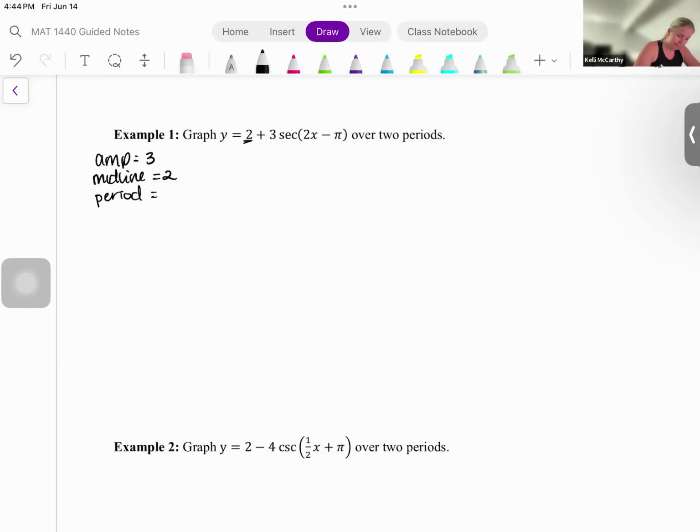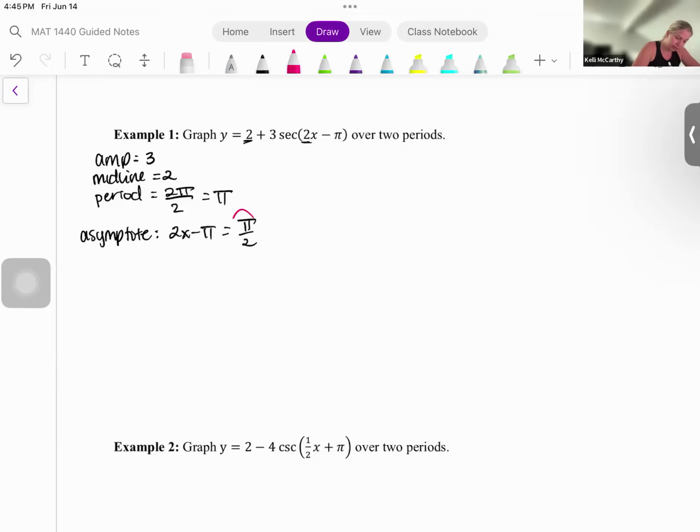The period is going to be 2 pi divided by b, which is 2 here. So our period for this equation is pi. To find our first asymptote, we're going to take 2x minus pi, and we're going to set it equal to pi over 2.